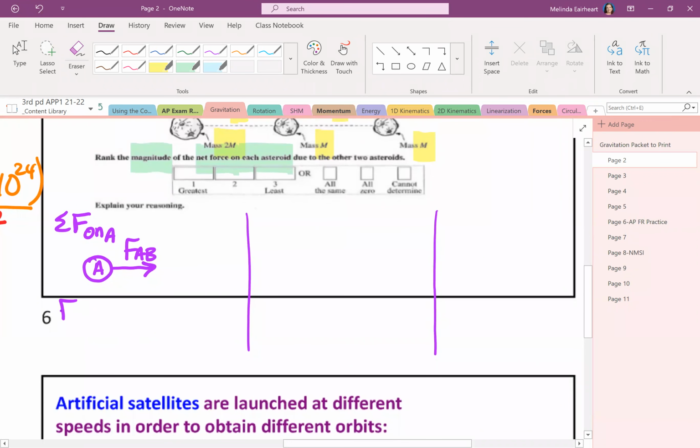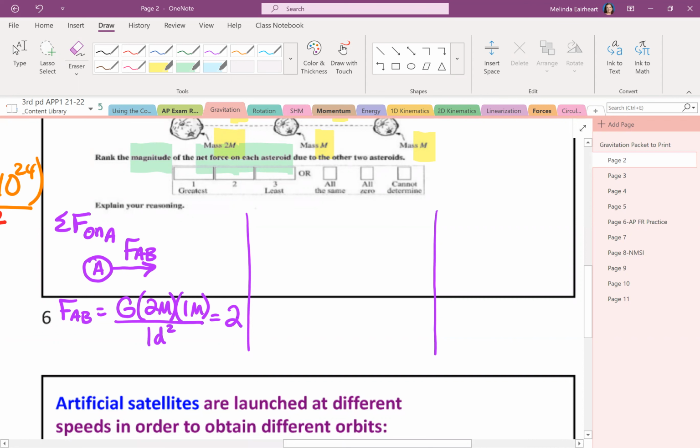FAB. So G is going to be the same for everybody. And again, we're not really doing calculator calculations. We're just doing proportions. So MA is a 2M, B is a 1M, and how far apart are they? 1D. Don't forget to square. So just looking at the 2 times 1 divided by 1 squared, we get a factor of 2.